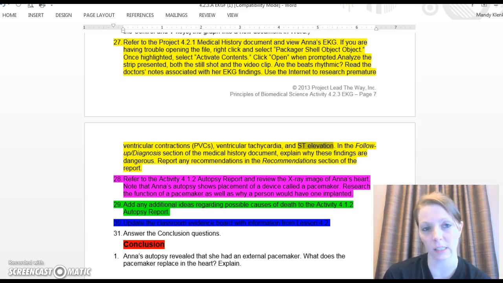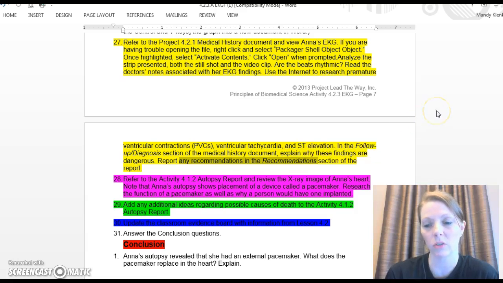This is all on step 27 of your procedure for the 423. And then in the follow-up and diagnosis section of the medical history document, you are going to explain these findings, why they are dangerous, and report any recommendations in the recommendation section.